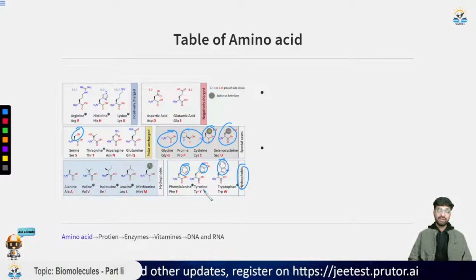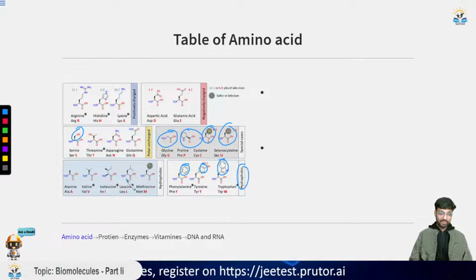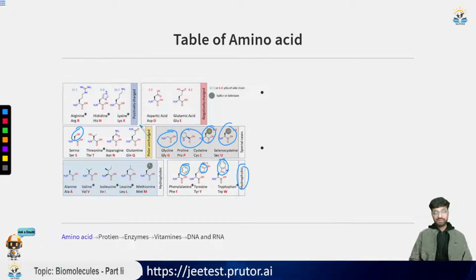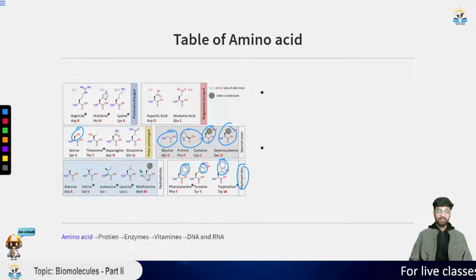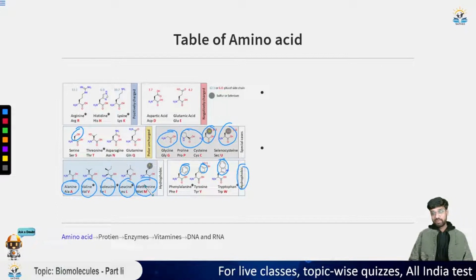So these are phenylalanine, tyrosine, and tryptophan. At last we have the hydrophobic part. So it is neither polar, not a special case, not positively charged, not negatively charged, and not aromatic. The remaining ones are called hydrophobic amino acids, which include simple amino acids like alanine, valine, isoleucine, leucine, methionine. So this was all about this amino acid table.